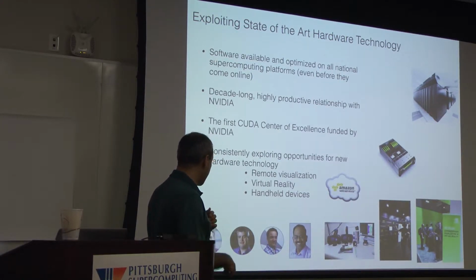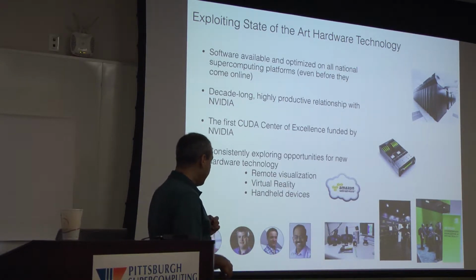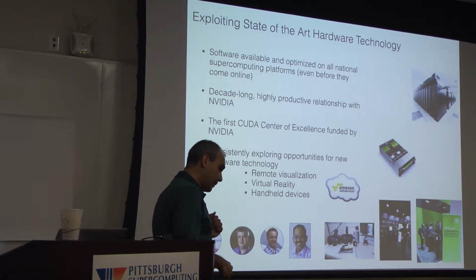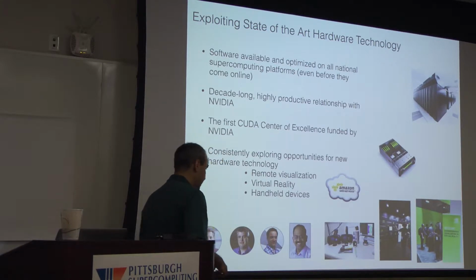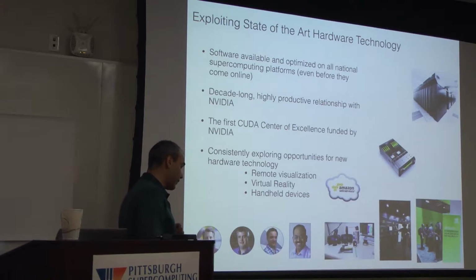Several computer scientists are here. This is Jim Phillips, main developer of NAMD, and John Stone, main developer of VMD. Antti Pekka was, unfortunately, in an accident just last week and was killed. He was one of our external developers who joined NVIDIA.